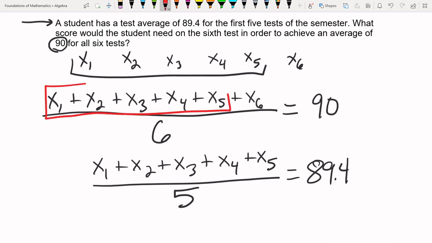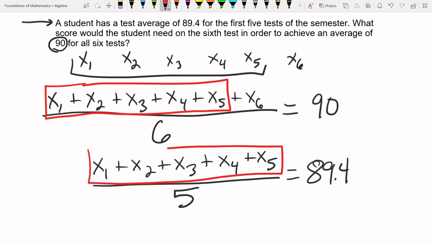Now, you can see that x1 to x5 is here. x1 to x5 is here. If there's some way of getting the bottom equation to equal x1 plus x2 plus x3 plus x4 plus x5, if there's some way to get that by itself, then we can actually insert whatever we get on the other side of the equation into this equation with x6, because it's asking us what would the student need on the 6th test.